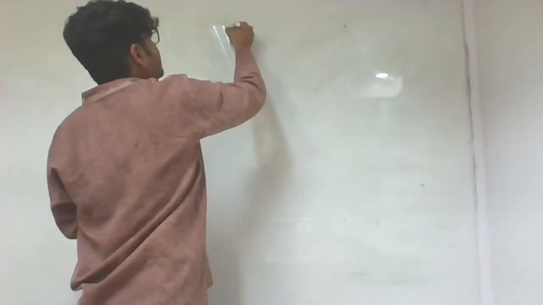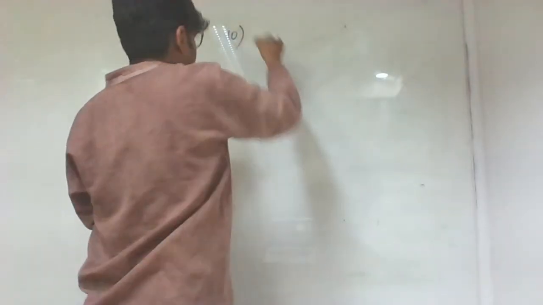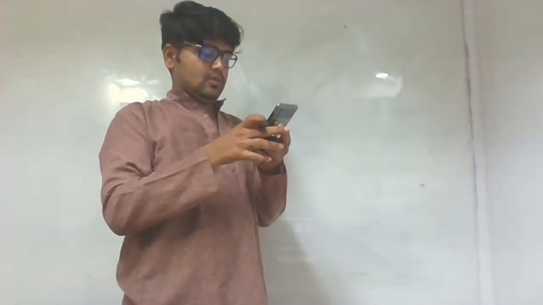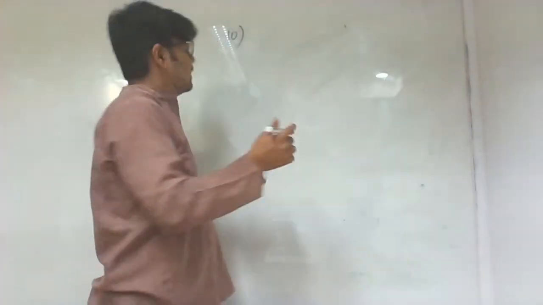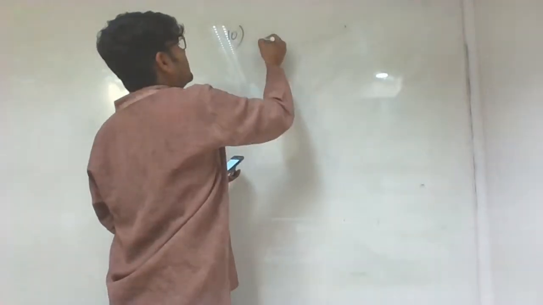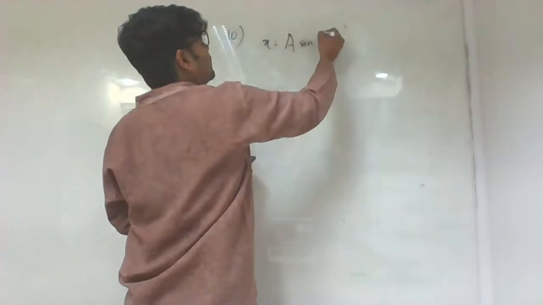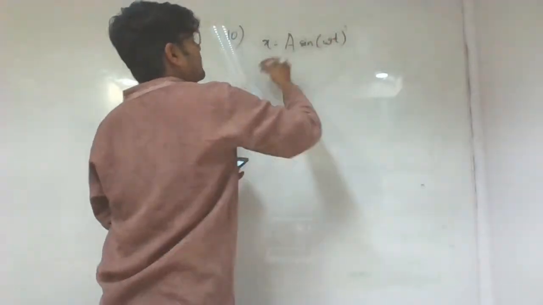Question number 10. Again, a sinusoidal equation x is equal to a sin omega t.